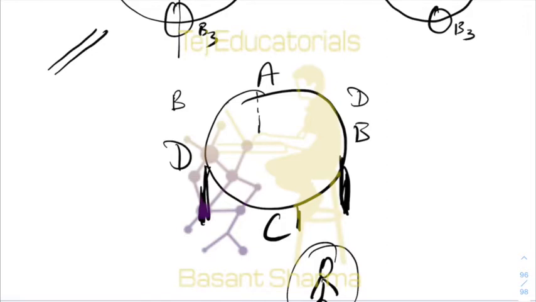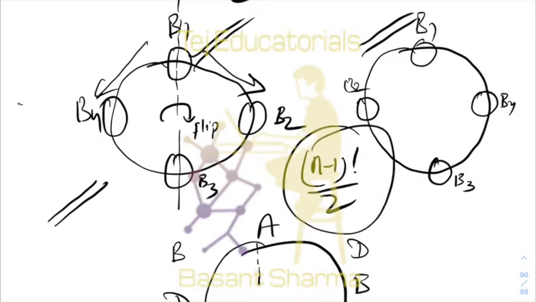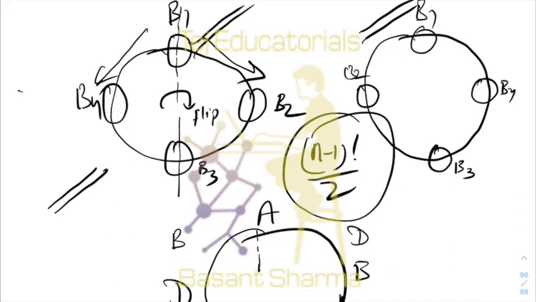But for a person who is seeing a necklace, this arrangement and this arrangement, they are both the same, they are indistinguishable. Because if you look at the front, you see something, if you look at the back, you are seeing the same thing but in a different manner, so they are indistinguishable in that sense. So what we do is we just divide by 2 when anti-clockwise and clockwise are not distinguishable.